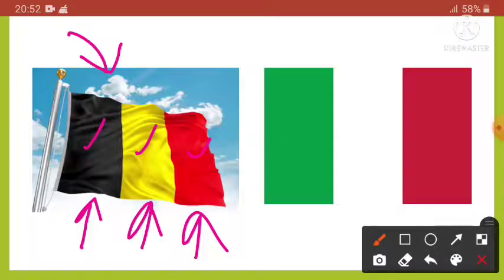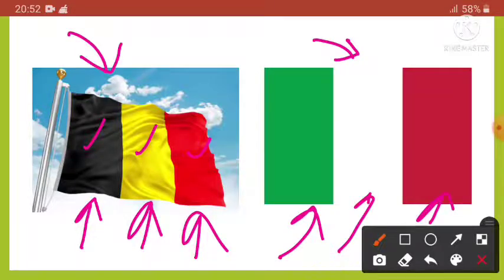Now if I ask what part of the Belgian flag is yellow, or if you take the next flag, here also we have three parts with different colors. Now if we ask the same question, what part of this flag is green?